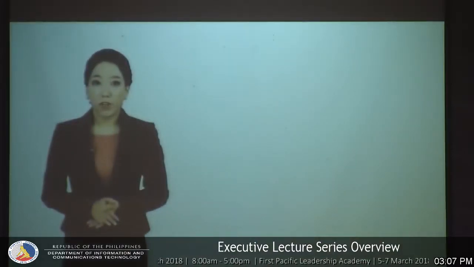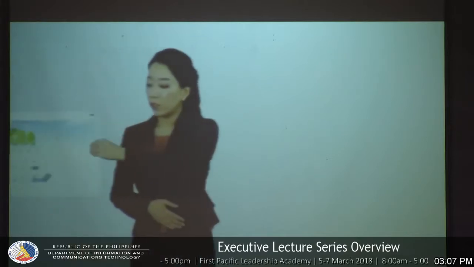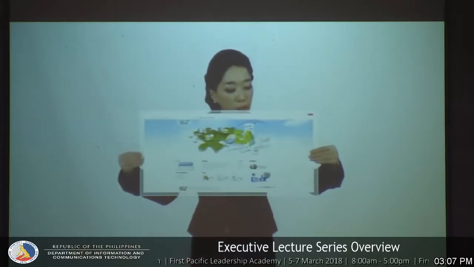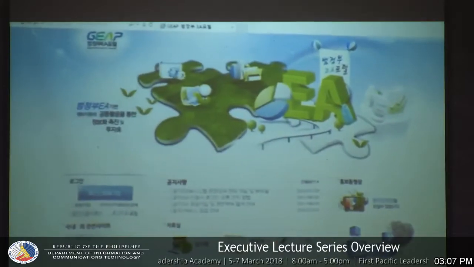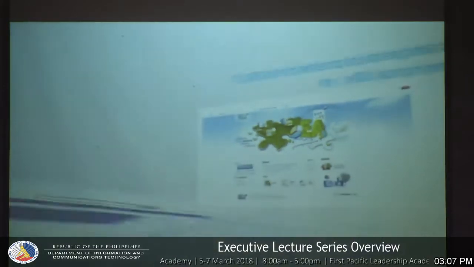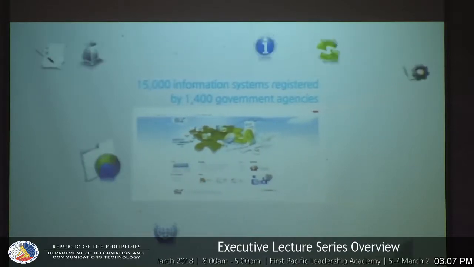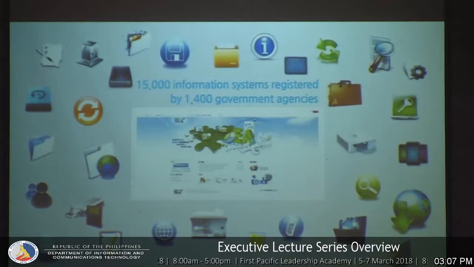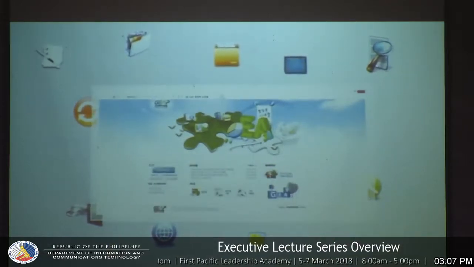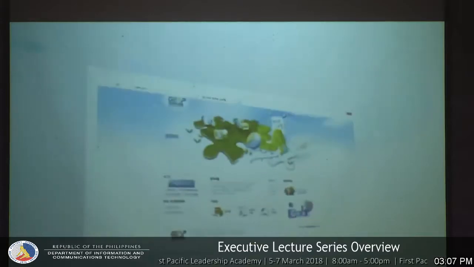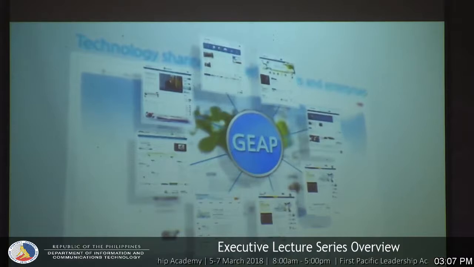With the deployment of this government-wide EA, the government-wide EA portal, GEAP, was established to improve the work efficiency of individual agencies. 1,400 public agencies in Korea have registered over 15,000 information systems and related national information projects through GEAP, which serves as an information resource sharing forum for all agencies.